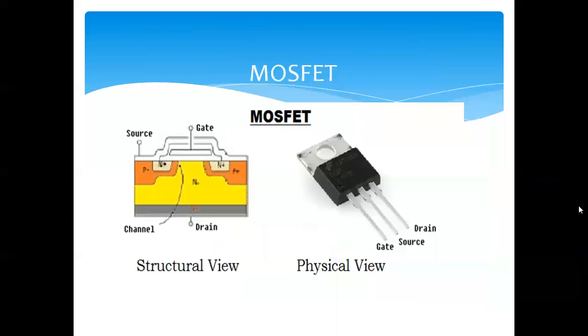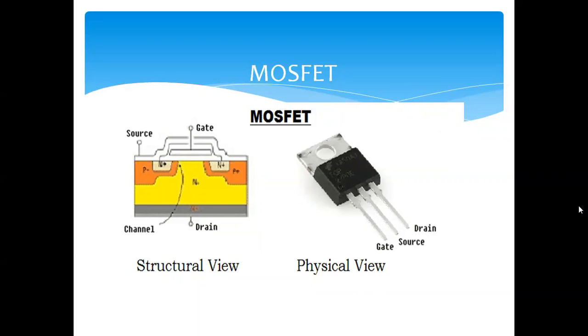The symbol and the actual physical view of the MOSFET is shown in the slide, so you can have a careful look at that. This is the structural view. If you have the front view of the cut section of a MOSFET, it looks like this. It has a source, a gate terminal, and a drain terminal.